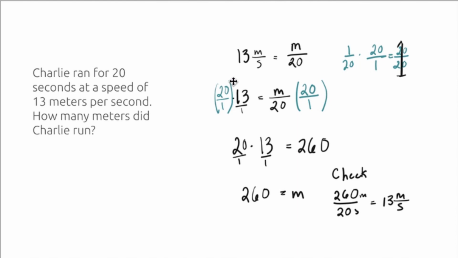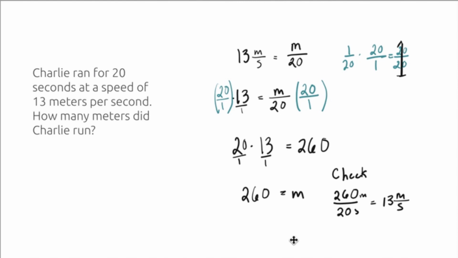We're never trading anything out. We are just rearranging numbers. So we have to multiply 13 by 20, all right? You see how these two blue fractions are equal, all right? One's on the right, one's on the left. Well, 20 times 13 is 260.